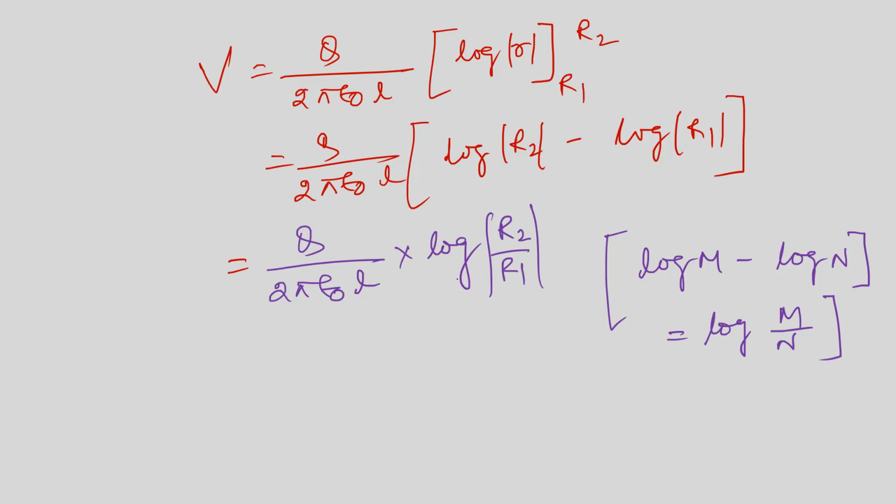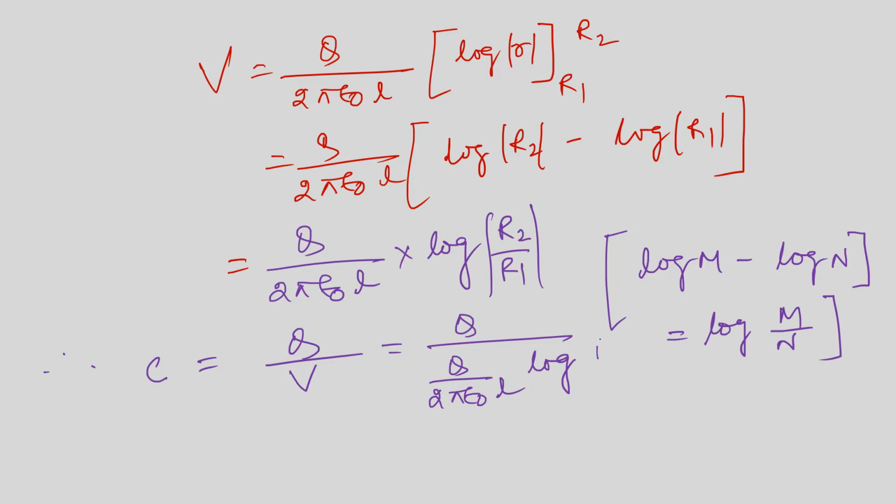So this is the final expression for the potential difference between the two plates, and now we have to study the capacitance. The capacitance C is equal to Q by V. So I have to substitute the value of the potential here. So Q divided by Q by 2 pi epsilon naught multiplied by L, multiplied by log R2 by R1, and the mod is present over here.